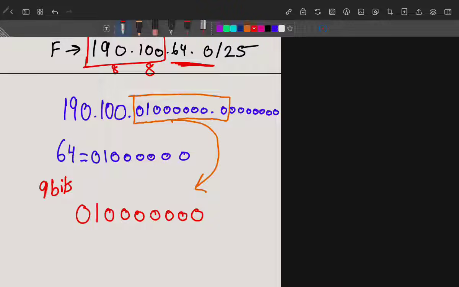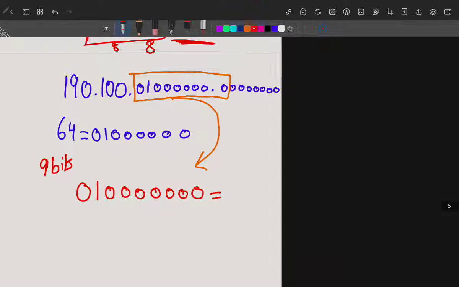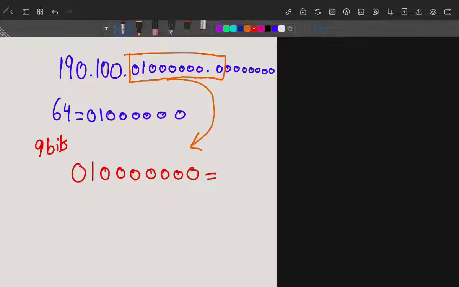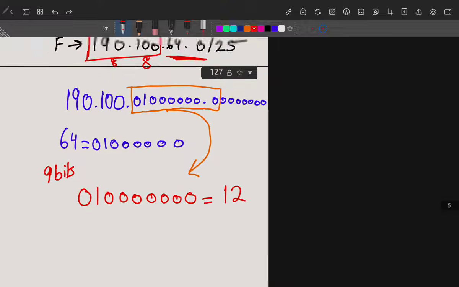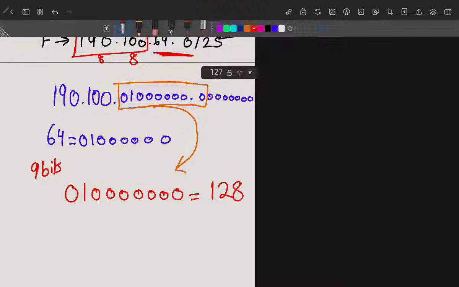Convert this number of 9 bits into decimal. If you convert it into decimal, you get 128. So your starting point would be 128. So the 9 bits are representing 128 as a number.